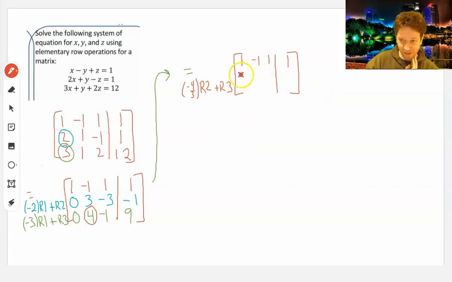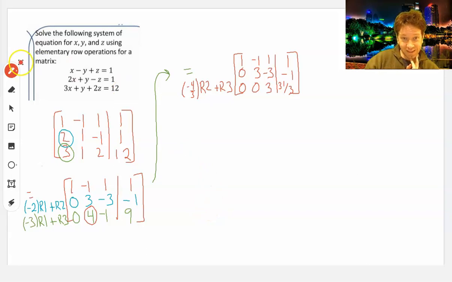The second row is not going to change. It's still going to be 0, 3, -3, and -1. But doing this, I keep my first 0 and my second coefficient becomes 0. Then my third coefficient becomes 3. That actually works out quite nicely. And then you can't avoid this, but you get a fraction, 31/3.